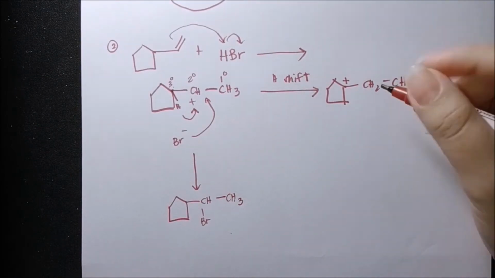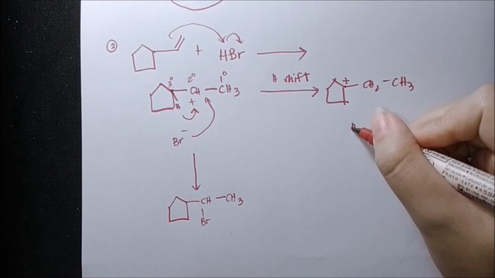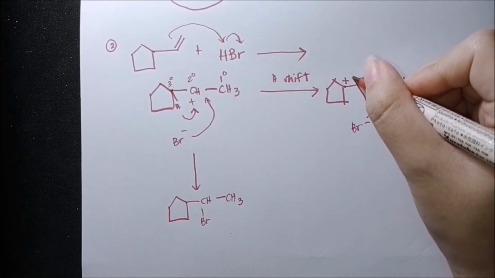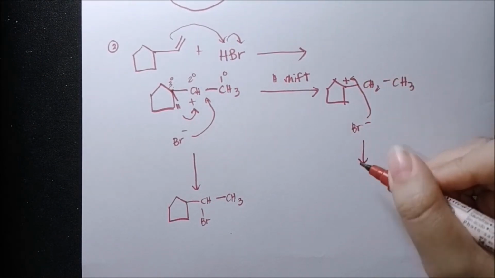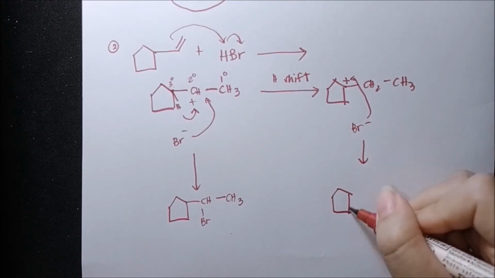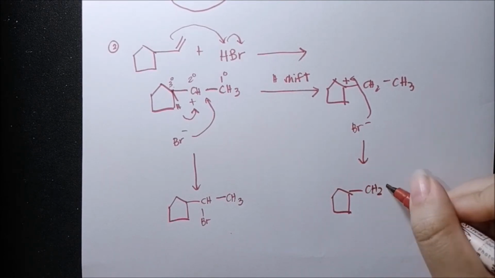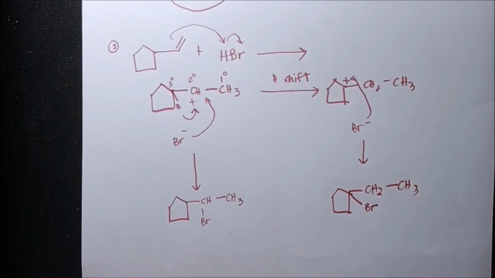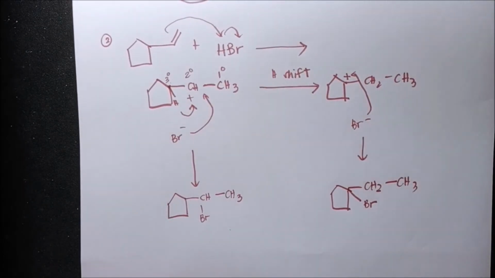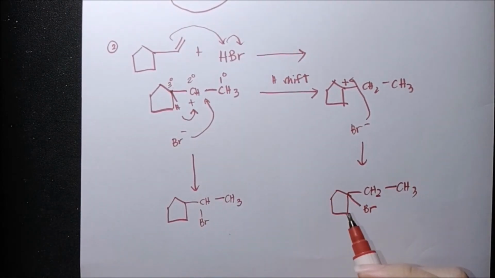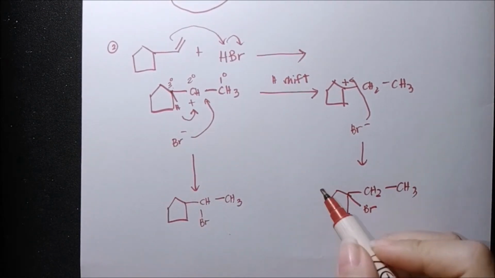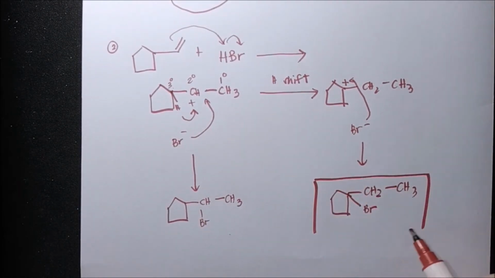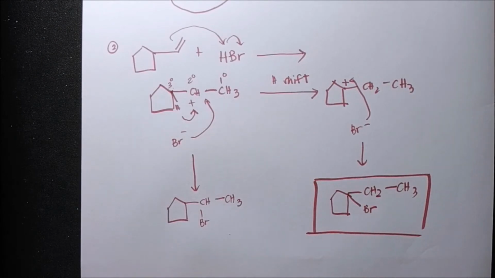While for this carbocation, the bromide ion will attack here and will yield this product. Between these two products, of course, the major product is this one because this one came from the more stable carbocation.